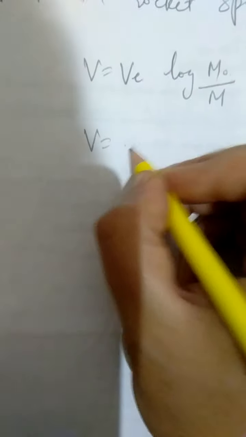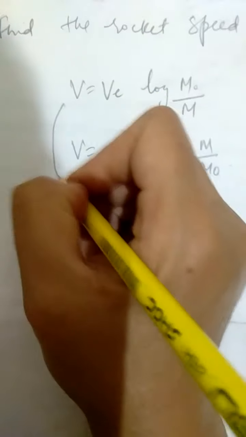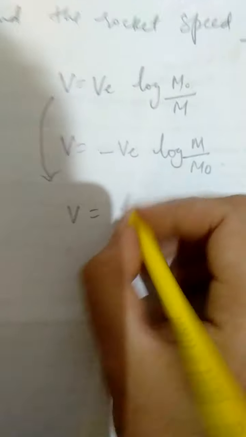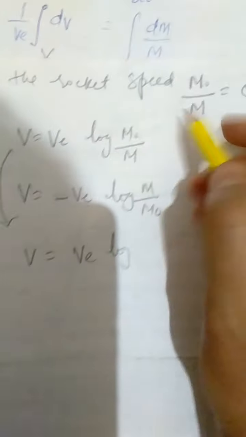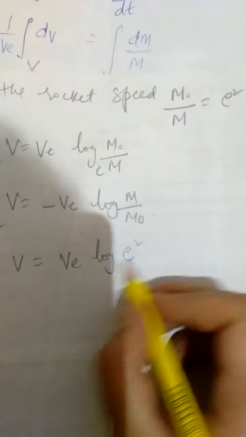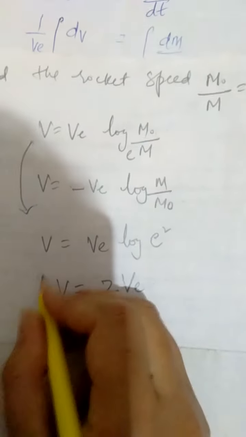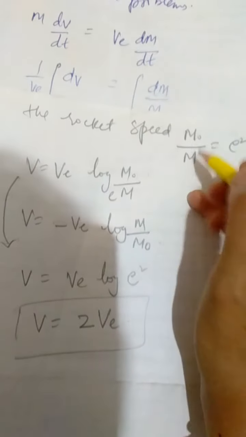If you also give a negative sign to Ve, then it is minus Ve log of m by m naught. Here you can give the value directly, that is e square. The 2 will come down, and remember this log is to the base e, so log e will be 1. So the velocity of the rocket will be twice Ve if the ratio of the initial and final masses of the rocket is e square.